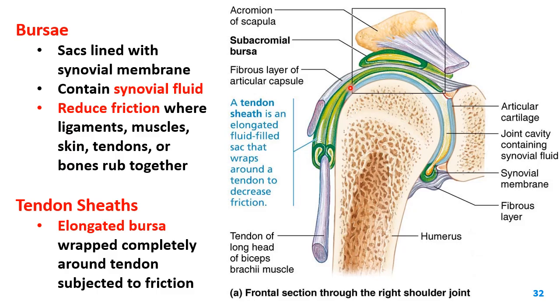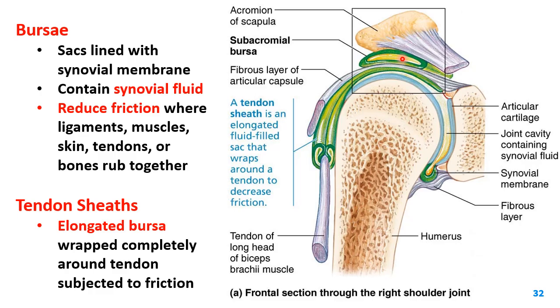So here you have these elongated bursa-like sacs, which you call tendon sheaths. They are elongated bursae that cover the tendons and diminish the friction between the moving part and the tendon. Those are very important for cushioning and for minimizing friction.